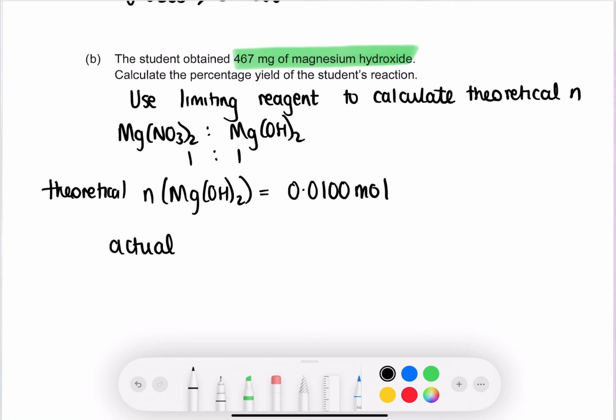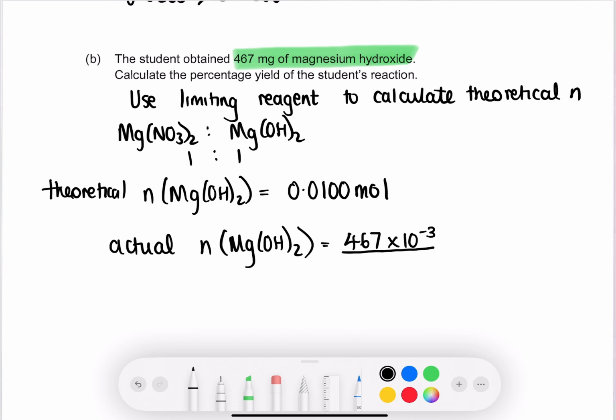So the actual moles is, moles is mass over Mr. 467 milligrams, let's convert that into grams, divided by the Mr of magnesium hydroxide. So we want to do 24.3 plus 2 lots of 16 and 2 lots of 1.